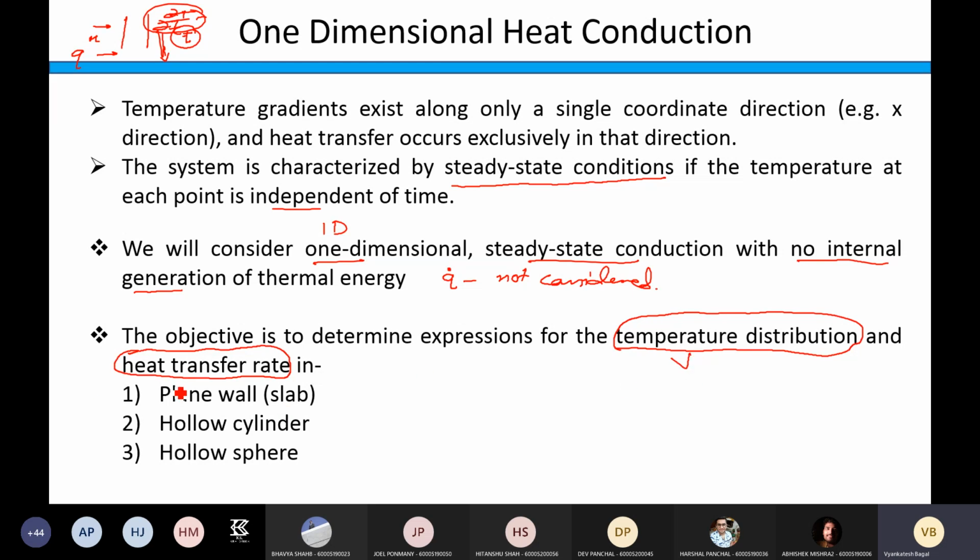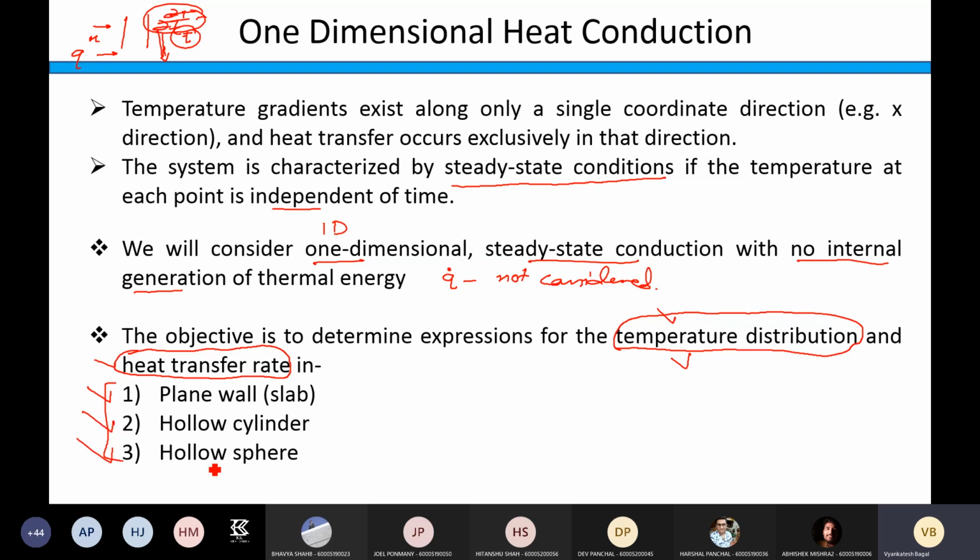And if you know somehow that you are in a position to determine the temperature distribution within your domain, then with the help of Fourier's law, you can find out the heat transfer rate. This we talked about previously, right? And we will do this exercise for the three standard cases: the plane wall or a slab, the hollow cylinder, and a hollow sphere.